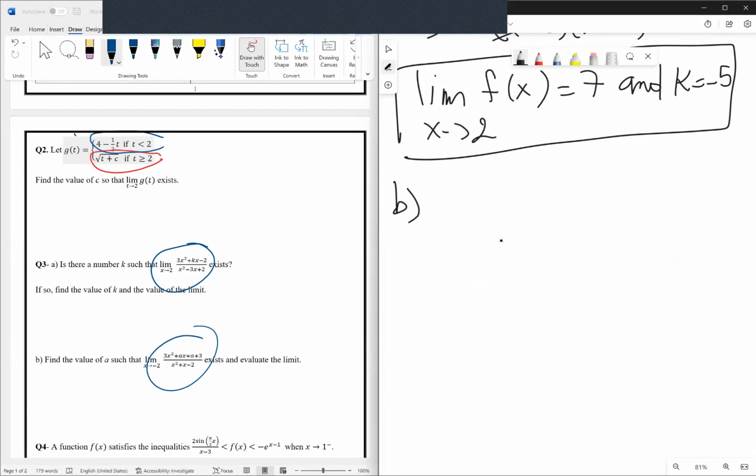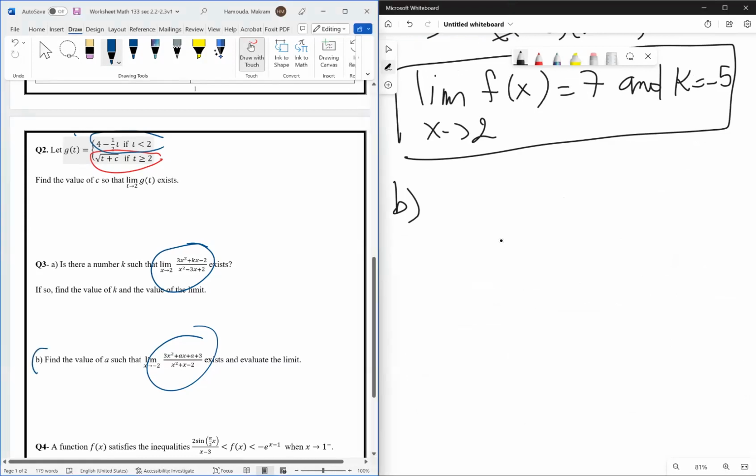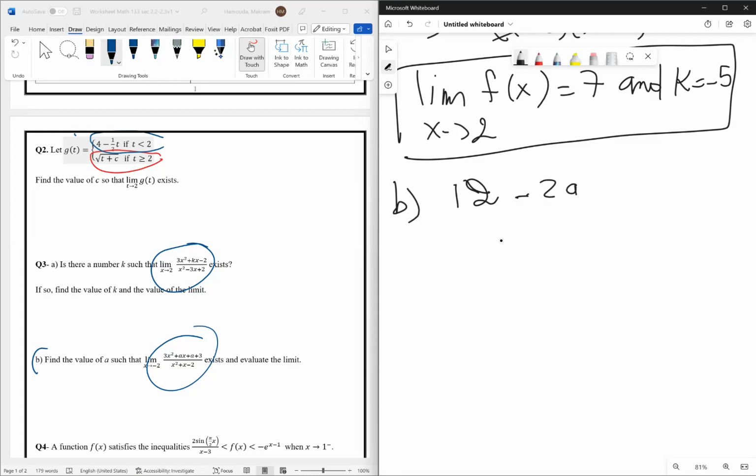As usual, now we can go a little bit faster. So in this question I will substitute x equal to -2. So it will give me 12 minus 2a plus a plus 3 over 4 minus 2 minus 2.